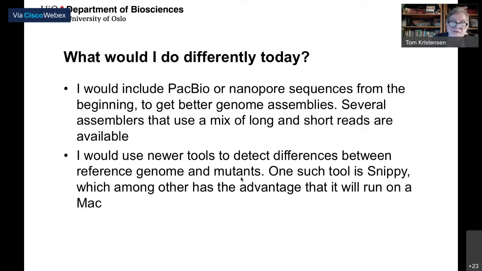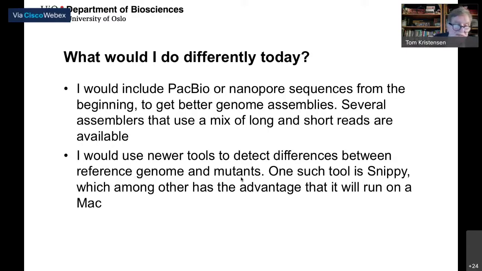If I were to repeat this work today, I would make a couple of differences. I would absolutely include PacBio, preferably HiFi sequences, in order to get complete genomes, or genomes which at least do not consist of hundreds of contigs.